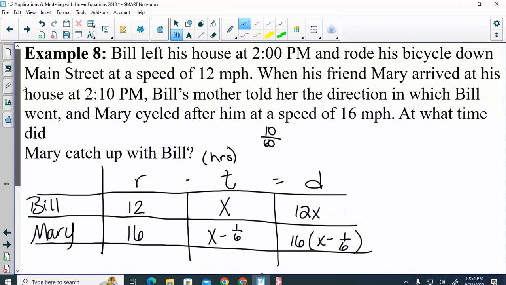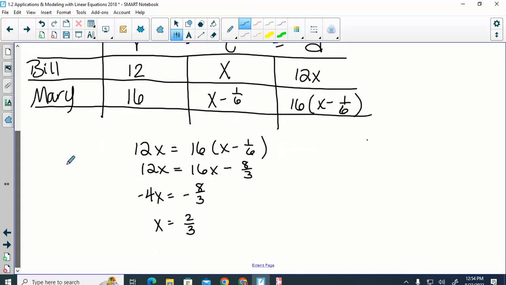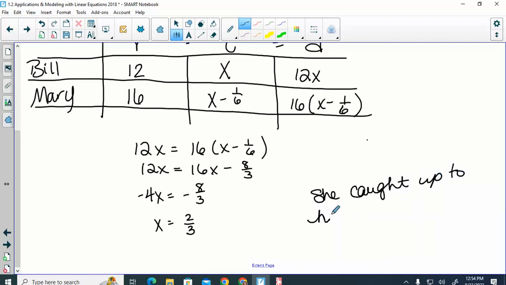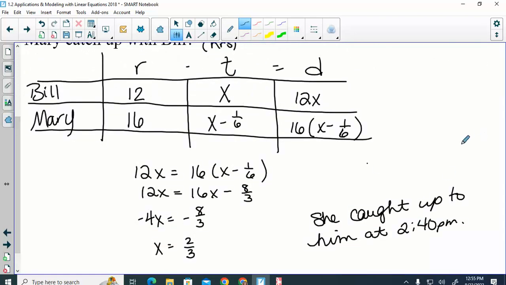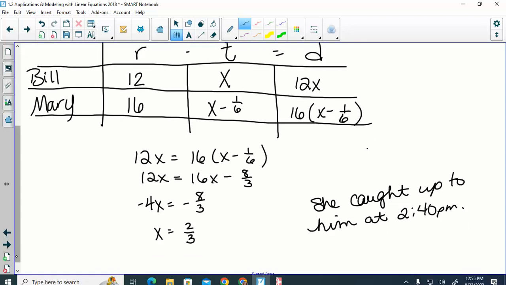So he began at 2 o'clock and rode for 40 minutes, so she caught him at 2:40 p.m. You have to be very clear on how you write that, because if you said it's been 40 minutes, is that 40 minutes since Bill started riding, or 40 minutes since Mary started riding?